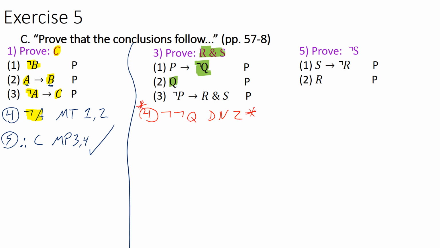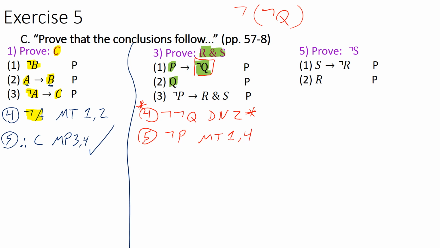We're immediately inferring from line 2 not not Q. But not not Q denies explicitly not Q. We have not Q, and if we have a not, we're negating it. We're saying, hey, that's not the case. And so we can deny the antecedent. So for line 5, we get not P by modus tollens with lines 1 and 4.